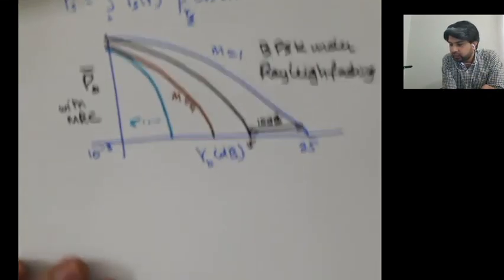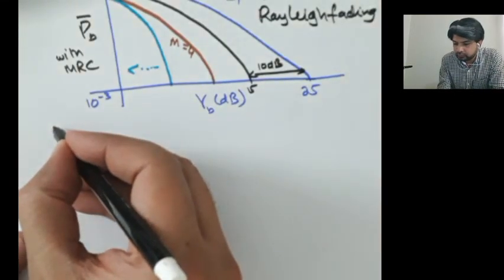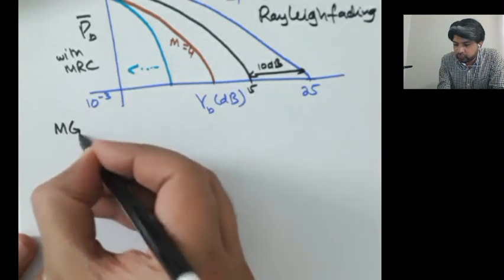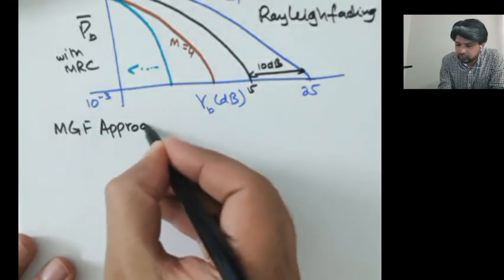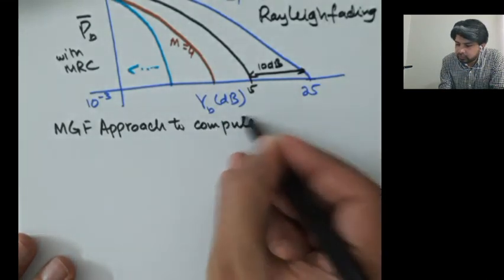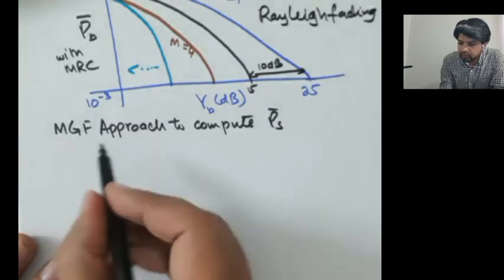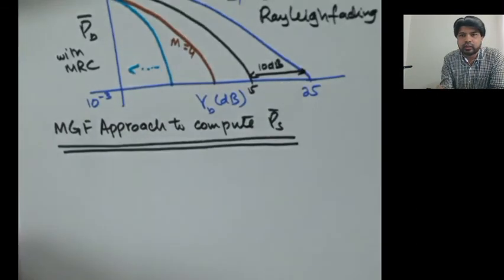That is a very interesting topic. So we are going to make use of the MGF approach to compute PS bar. That is our goal, and that we would do in the next video.